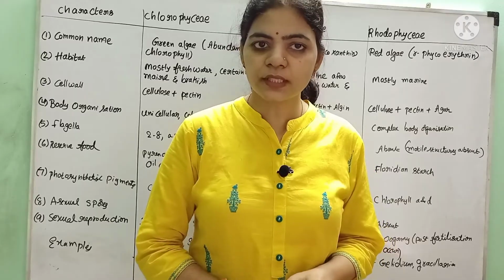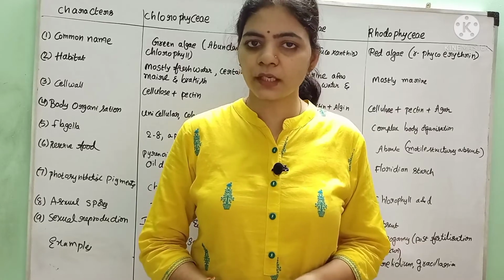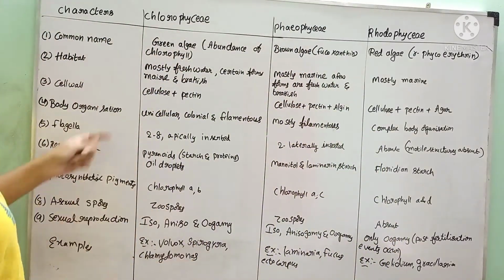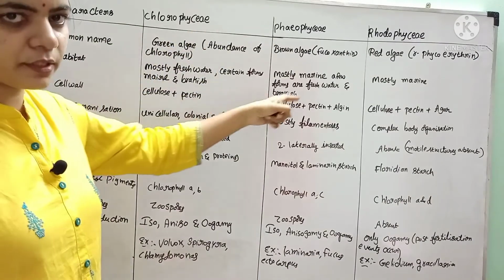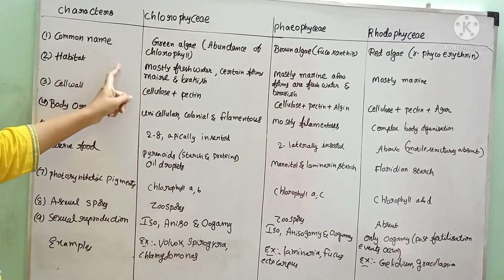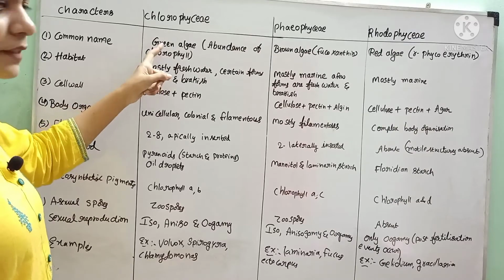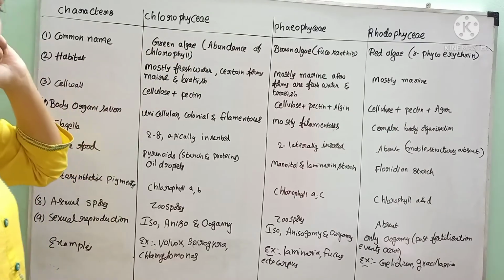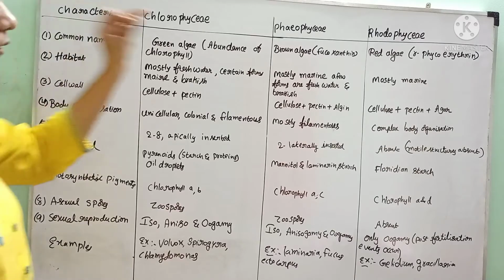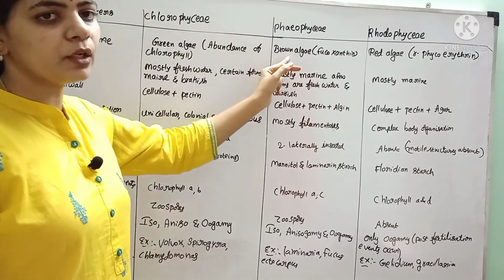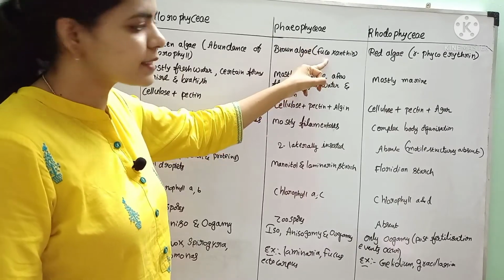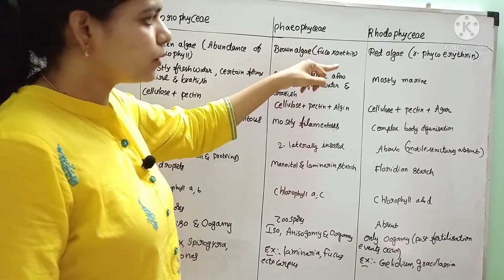In this video we will study, in tabular form, the three different types of algae: Chlorophyceae, Phaeophyceae and Rhodophyceae. The common name of the Chlorophyceae is green algae because they have an abundant amount of chlorophyll pigment. They are green in color. Phaeophyceae are commonly called brown algae because of the abundant fucoxanthin. They appear brown in color.